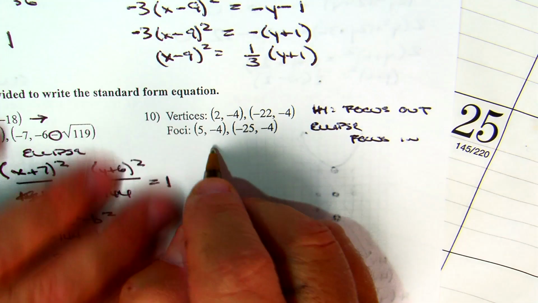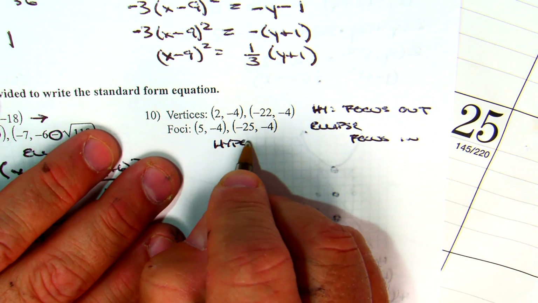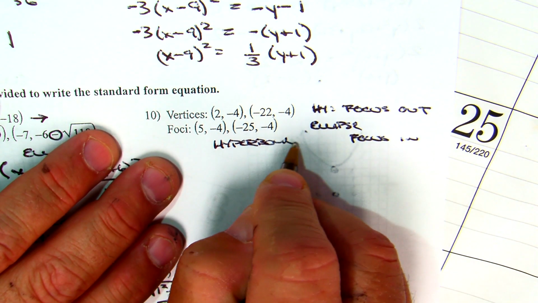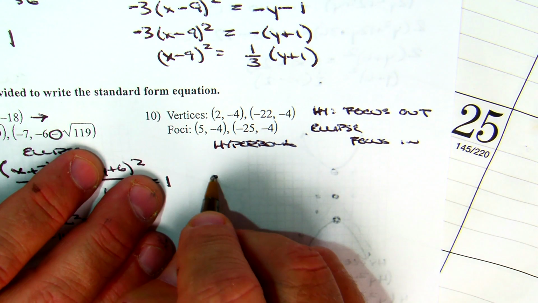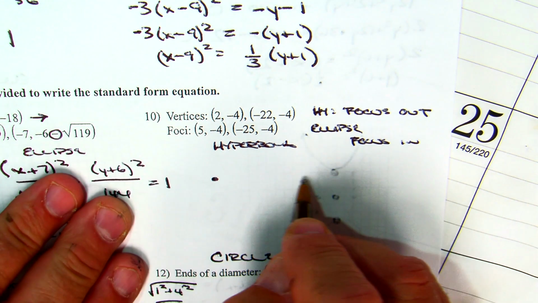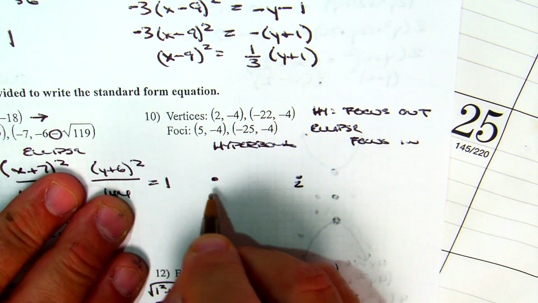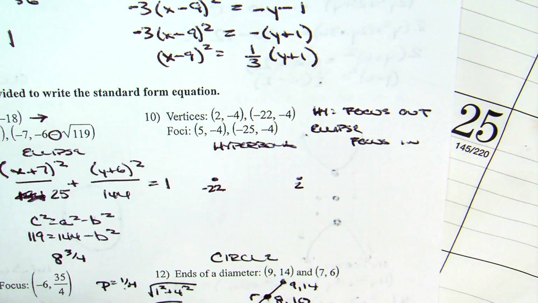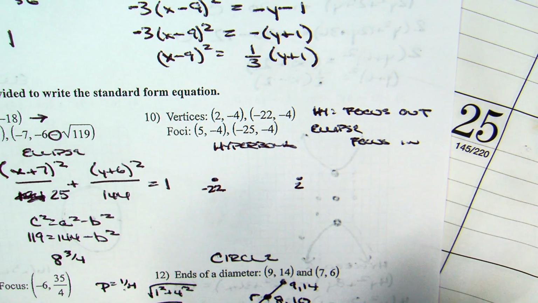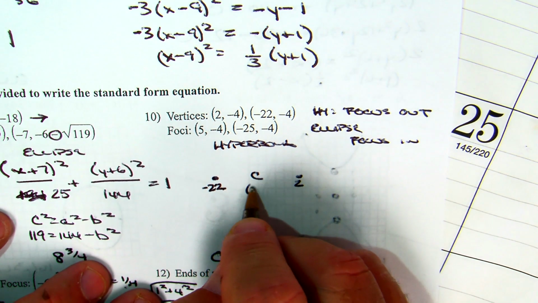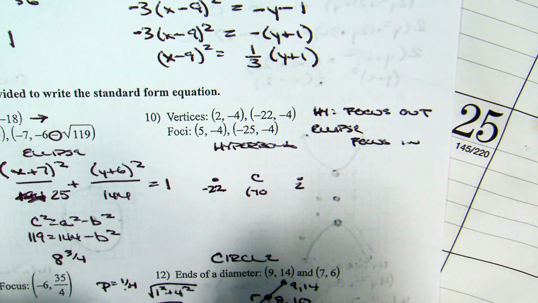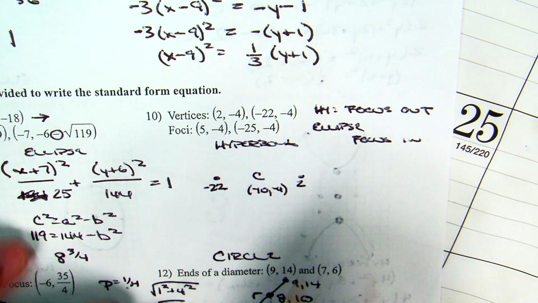All right, so the last one's got to be the hyperbola. My vertices are at 2, negative 4, and negative 22, negative 4. My center is halfway through, puts me at negative 10, negative 4.